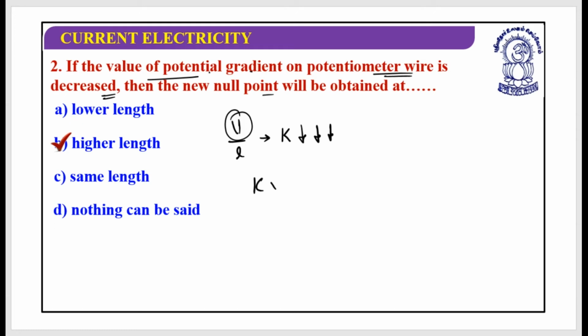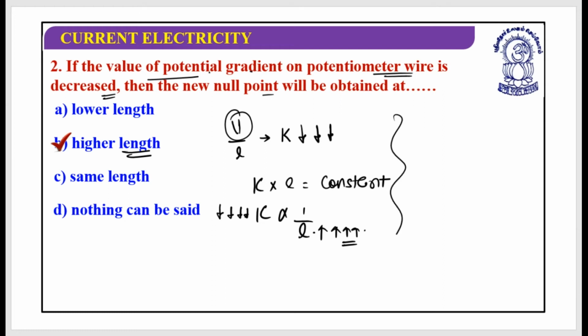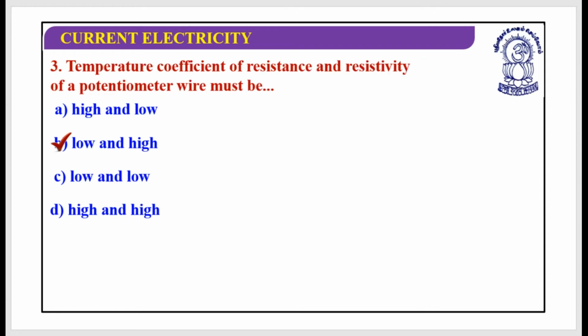So K into L could be considered as a constant. So K is inversely proportional to L. If K is decreasing, then L must be increasing. So you are going to have a null point at higher lengths. Is it clear? Same way, if K is increasing, then L should decrease. That means you are going to have a null point at a shorter length. Yes, got it? Great.